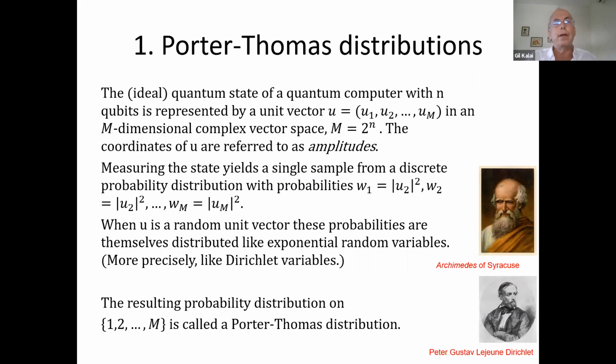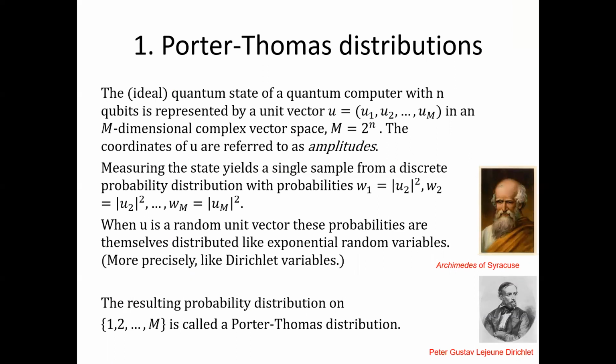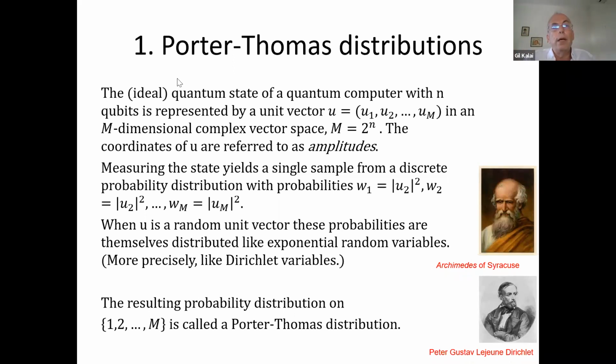For that, let me say that a quantum computer is a device which has n computing components called qubits, and the ideal state of a quantum computer with n qubits is represented by a unit vector u, which is u1 up to um, in an m-dimensional complex vector space, where m is 2 to the n, and the coordinates of u are referred to as amplitudes.